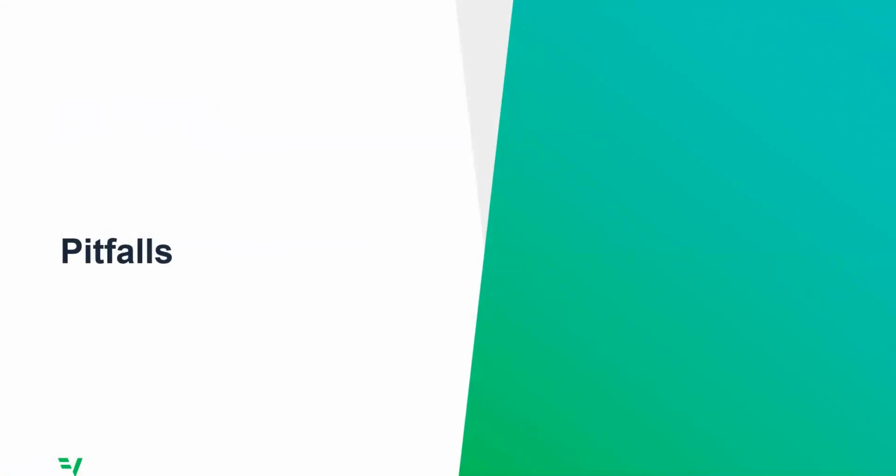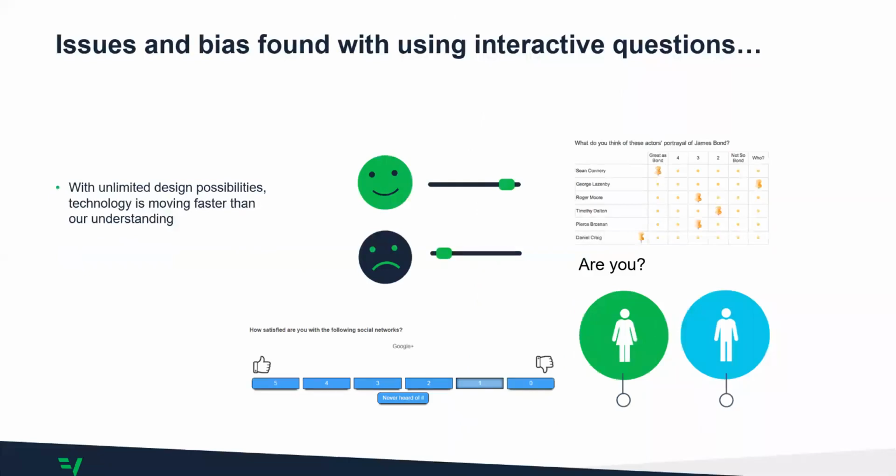So one of the things that I've done over the years is not only troll through surveys hosted on the Decipher survey platform, paying close attention to when our clients are using interactive questions and how they perform, but also doing little mini experiments and gathering anecdotal evidence on how interactive questions are being used and what sort of problems and benefits we are able to get out of them.